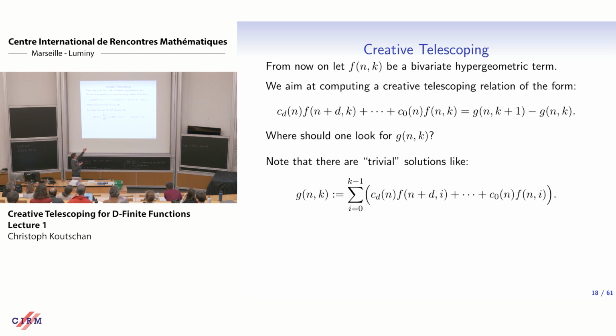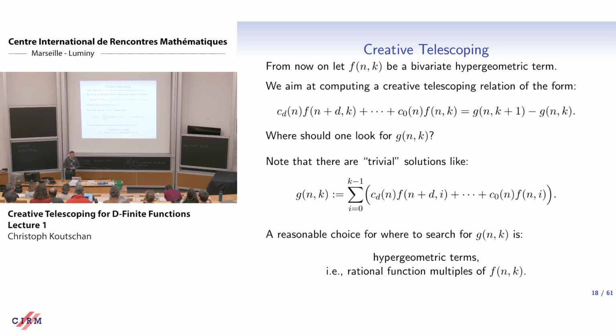So this problem only makes sense if you restrict the search space for g to a reasonable set. Similar to Gosper's algorithm, in this world of hypergeometric terms, we want to search for a hypergeometric g, and by similar reasoning, if such a g exists, then it must be a rational function multiple of f, our given summand.